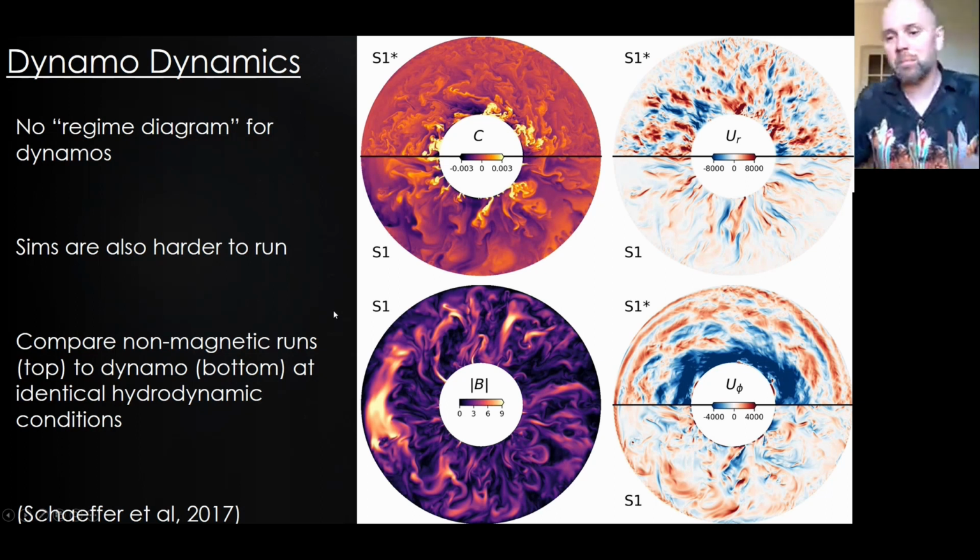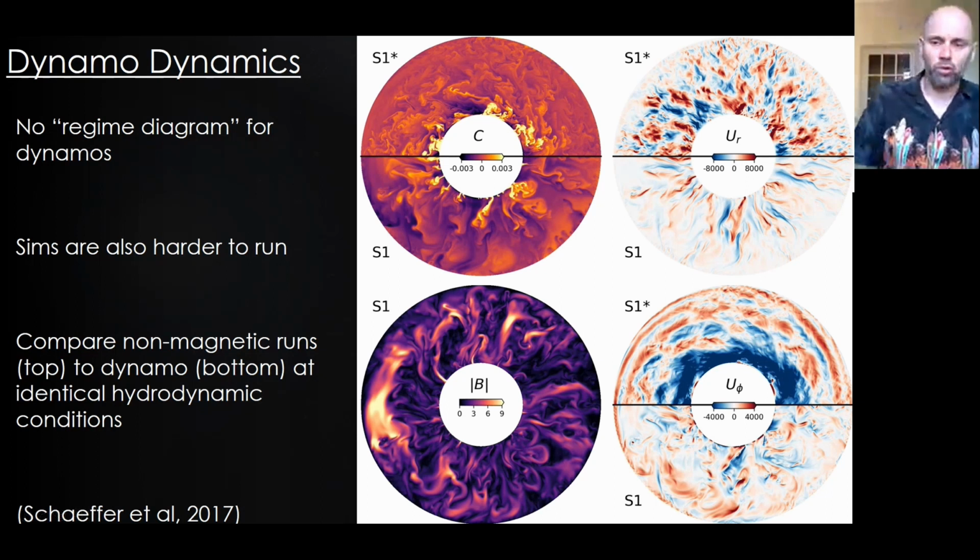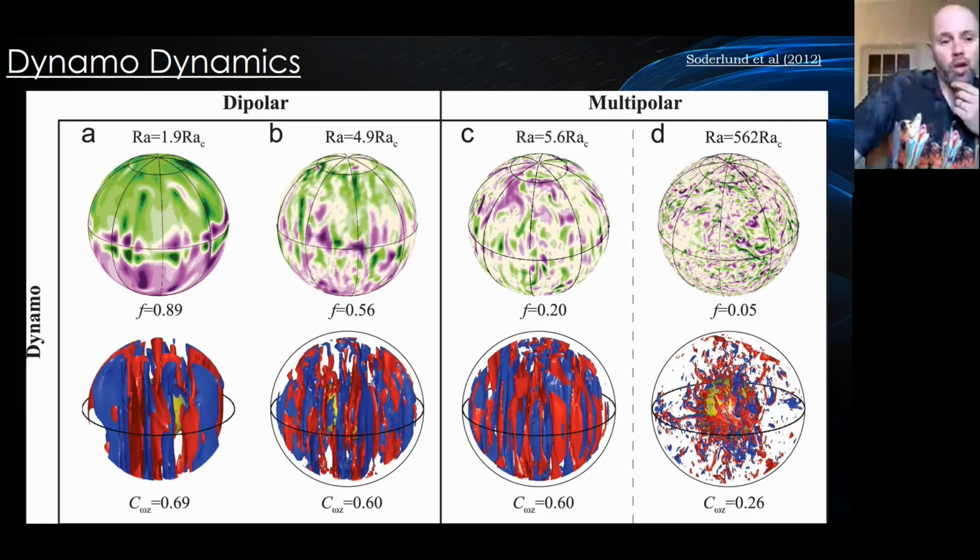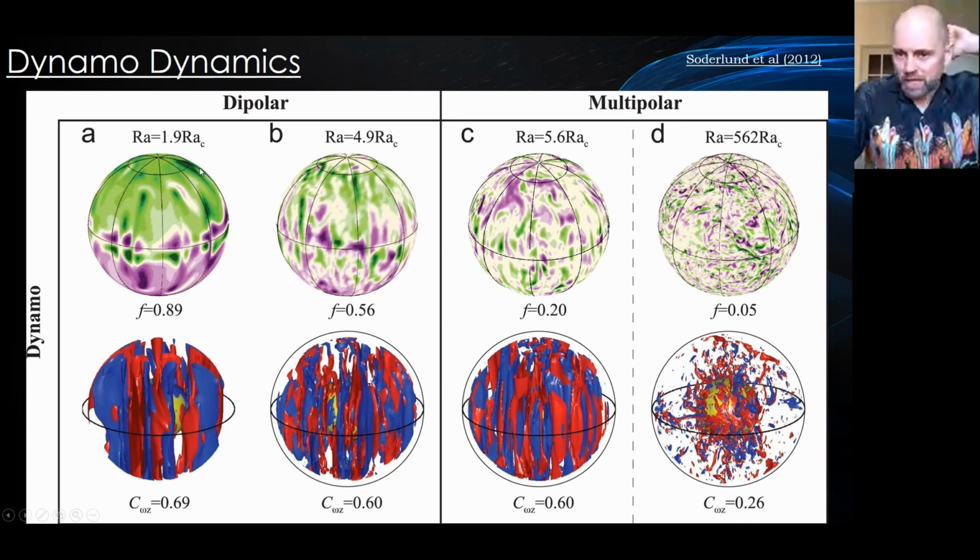So this is just an example of how the magnetic field, though it's being generated by the fluid motion, acts back and changes the fluid motion. So there is like a harmony that is being set up between the field and the flow. We also know that as you drive the system harder, when you're driving the system relatively weakly, you tend to get these nice dipolar field structures.